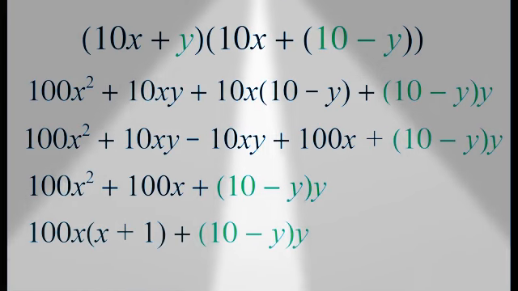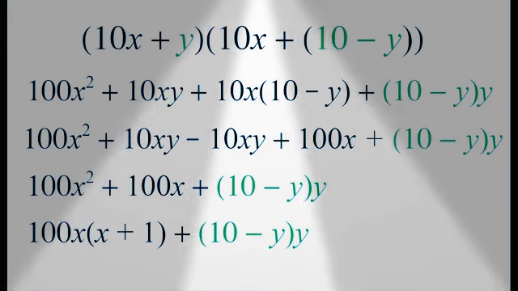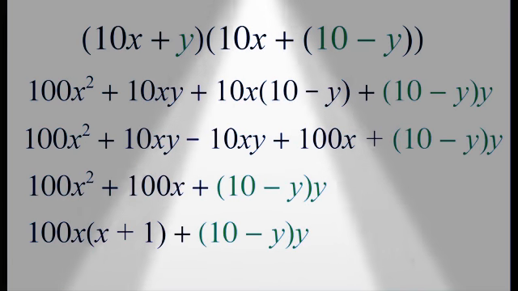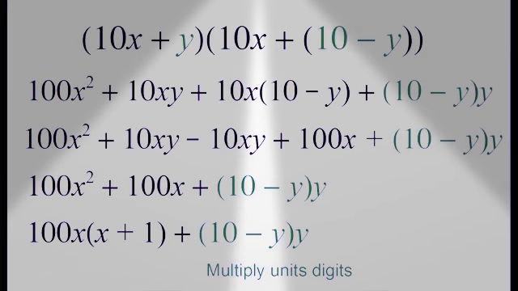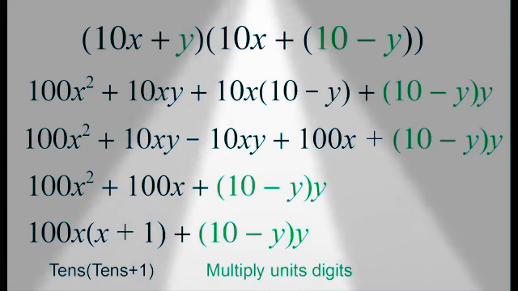And that brings us to our answer. When we factor out the 100x, we get 100x times x plus 1, plus 10 minus y times y. So the quantity in green is multiplying the units digits together, y and 10 minus y. And the quantity in black is multiplying x times x plus 1.